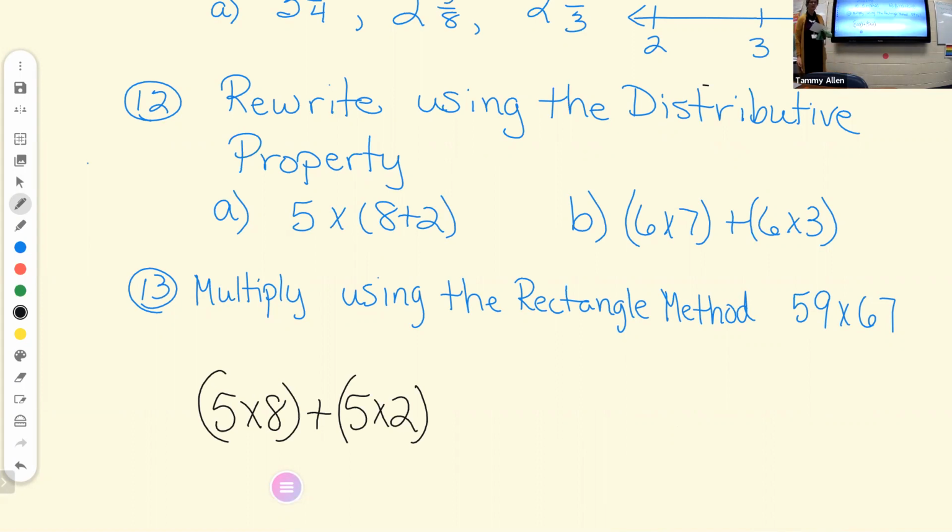How about part B? Finley. 6 times the sum of 7 and 3. Perfect. Questions on those? Out of curiosity, how many of you remembered those? Excellent. Good, good, good.